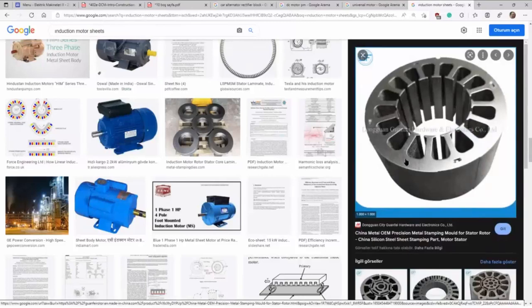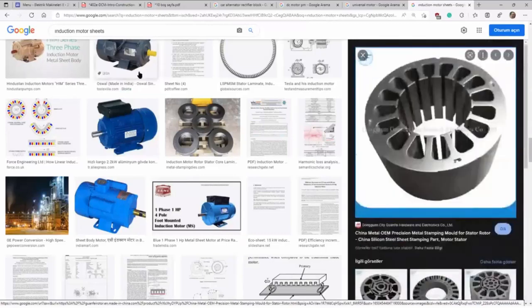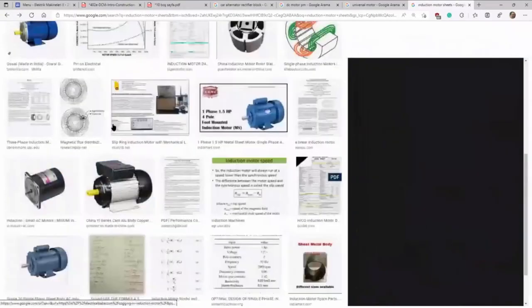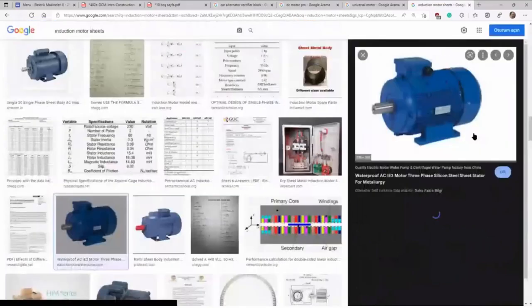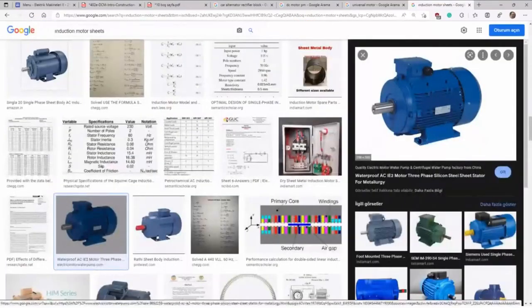Yoke is the part of stator. This part can be installed in stator, in a frame. Let me show you. Here's the frame, for example. That is the frame for cooling, carrying, connecting purposes.